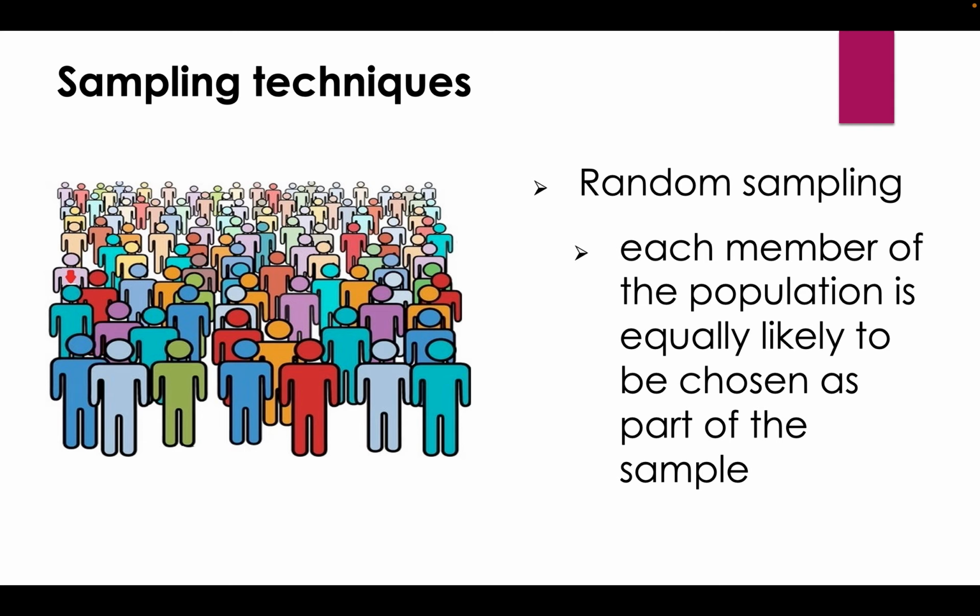Now, the last thing that we're going to talk about is sampling techniques, and this is really important. So random sampling is where each member of the population is equally likely to be chosen as part of the sample, right? And that seems pretty elementary. Of course, that's what we want to do, but it's a little tricky, right?